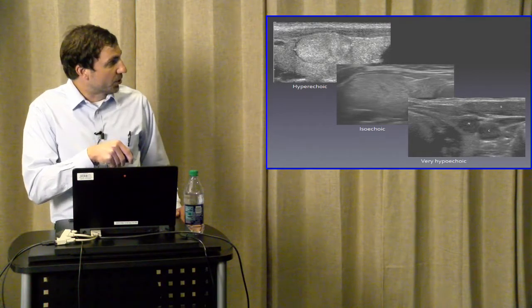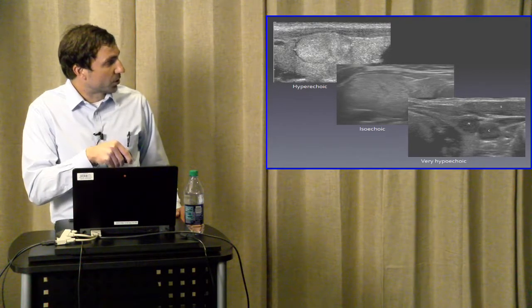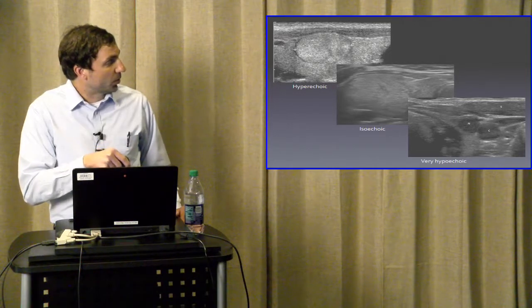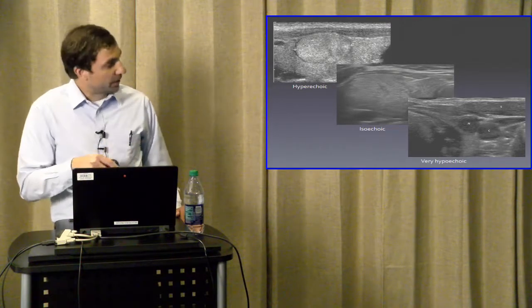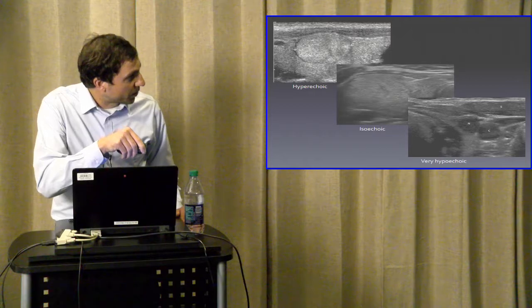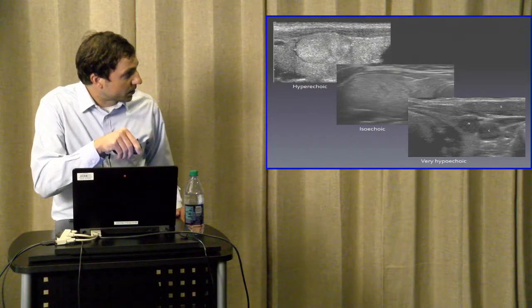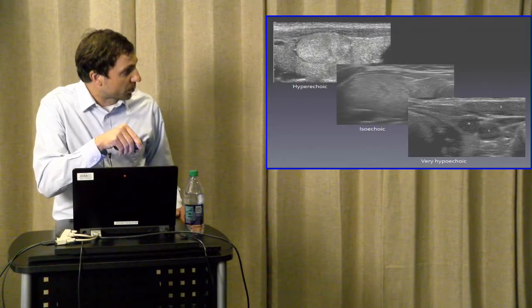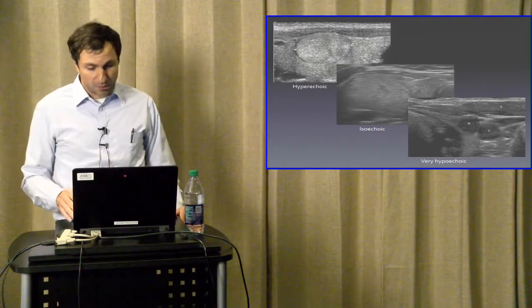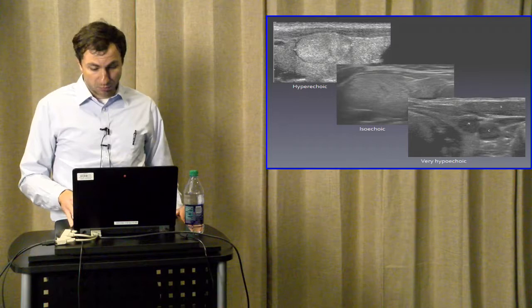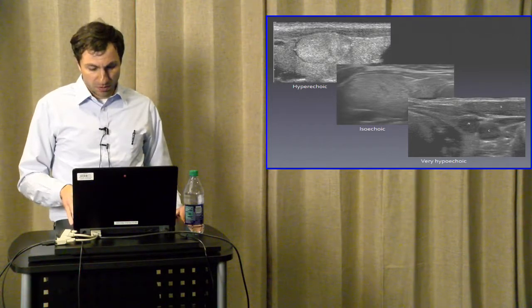The middle picture shows a good example of an isoechoic nodule, where it's hard to distinguish where the nodule starts and stops. And then the very bottom picture, this is the nodule, the strap muscle, this is the carotid. So this nodule is darker than the strap muscle, very, very hypoechoic, which is the most suspicious of the echogenic features.